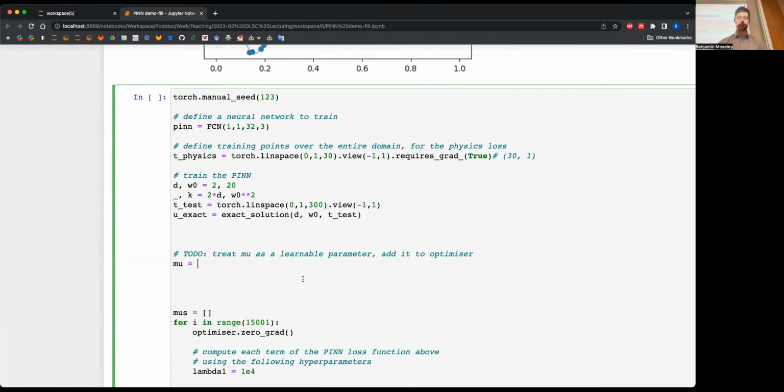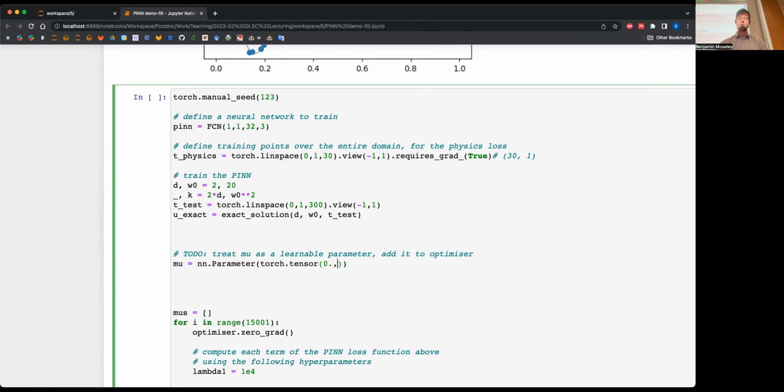So we do nn.Parameter, and then we create a tensor. As you do with any inverse problem, we need to pick an initial estimate of this parameter. So I'm just going to say initially it's 0, for example. Obviously that's not the true value, but that's basically saying there's no friction in the system to start with.